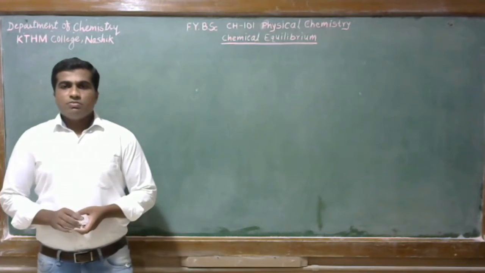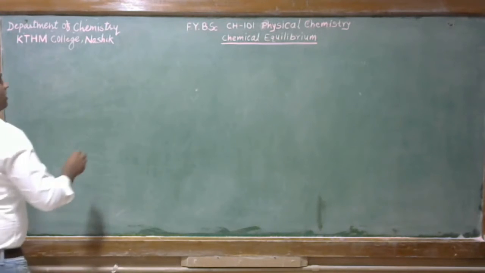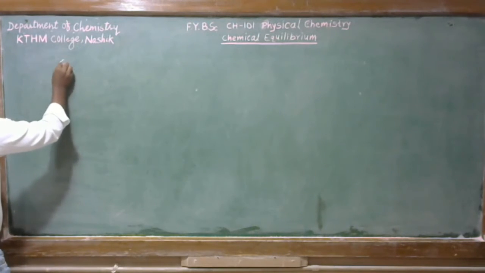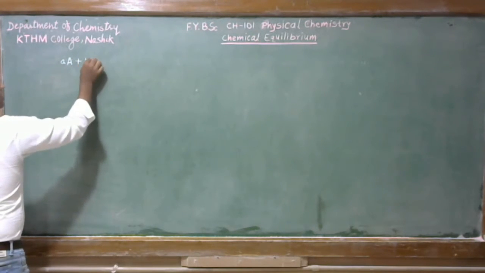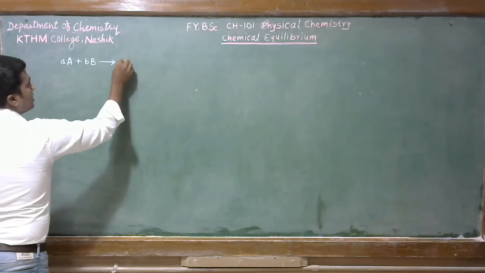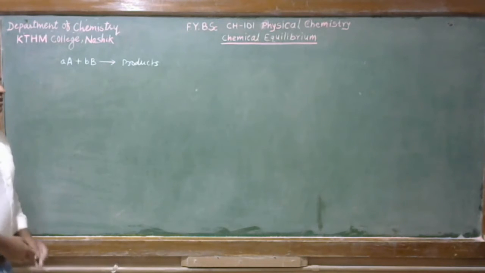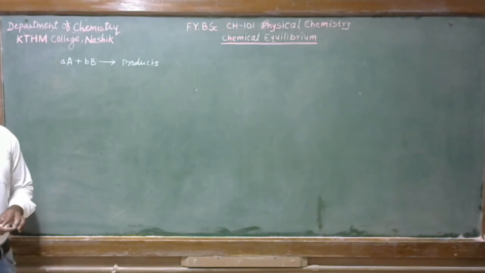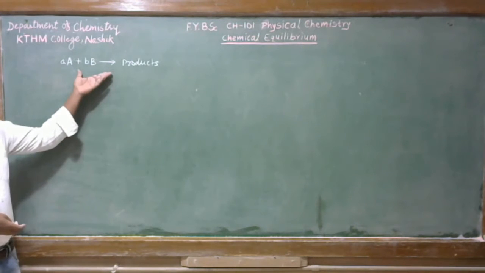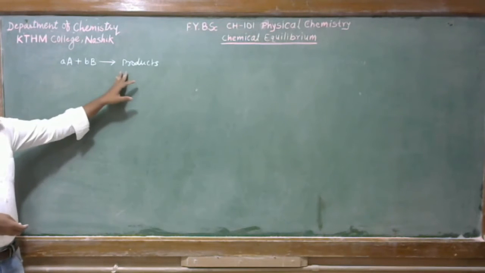Let's move to another topic, that is chemical equilibrium. Consider a general reaction: small a into capital A plus small b into capital B gives products. In doing stoichiometric calculations, we assume that the reaction proceeds to completion, that is, until one of the reactants is completely exhausted.